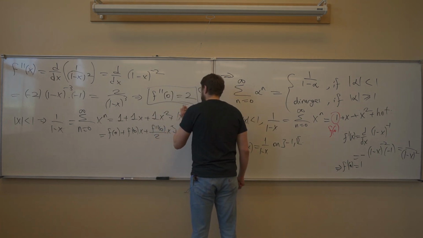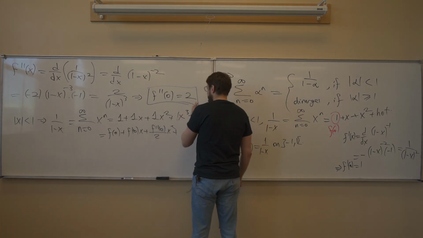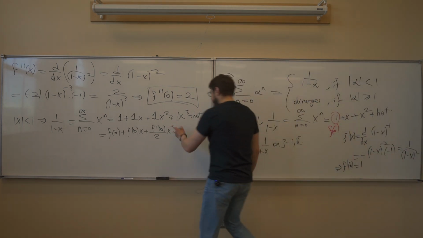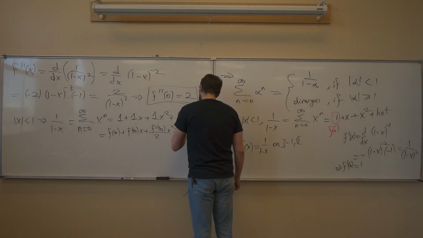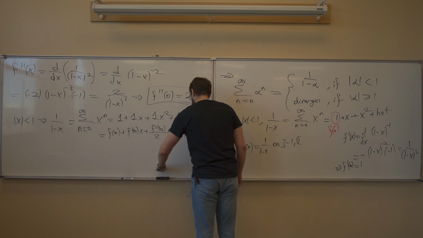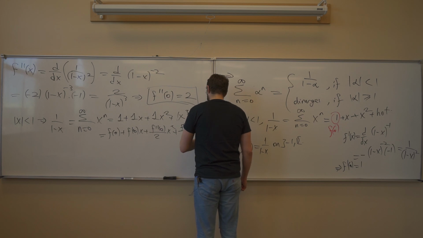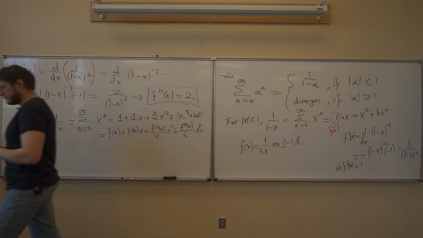So again, this is going to be 1x cubed and then higher order terms, so 3 or 4 and up. And now this is going to be f triple prime divided by 6.